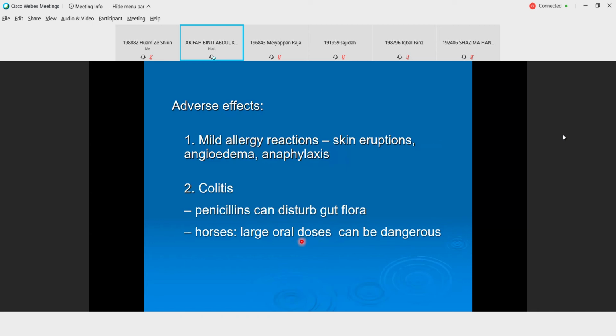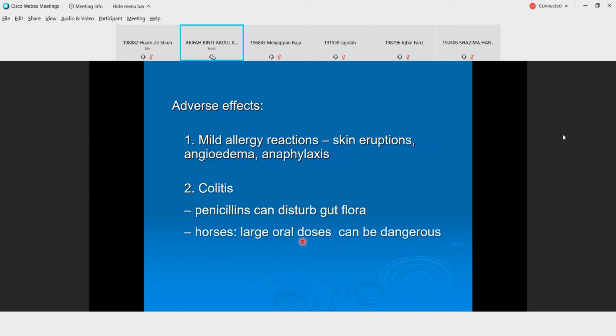The side effects: it has very mild allergy reactions, it can cause skin eruptions, angioedema. Angioedema is a painless swelling under the skin. It is not very serious, I would say, but you get it.